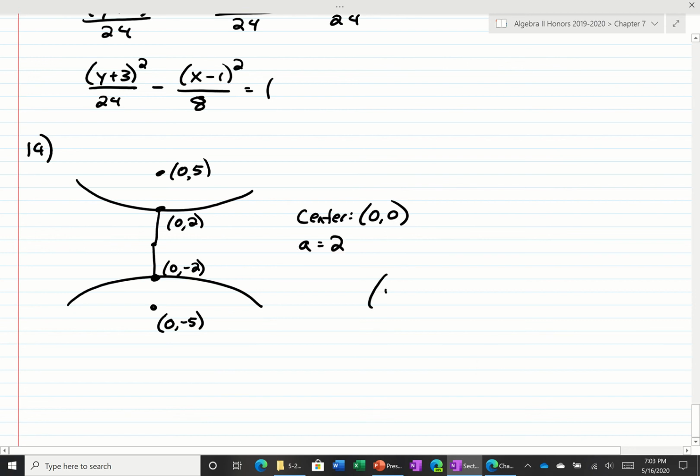It's vertical, so we could set it up like this. A squared is going to go here, so that's 4. And the center is 0, 0, so we could just write y squared and x squared.